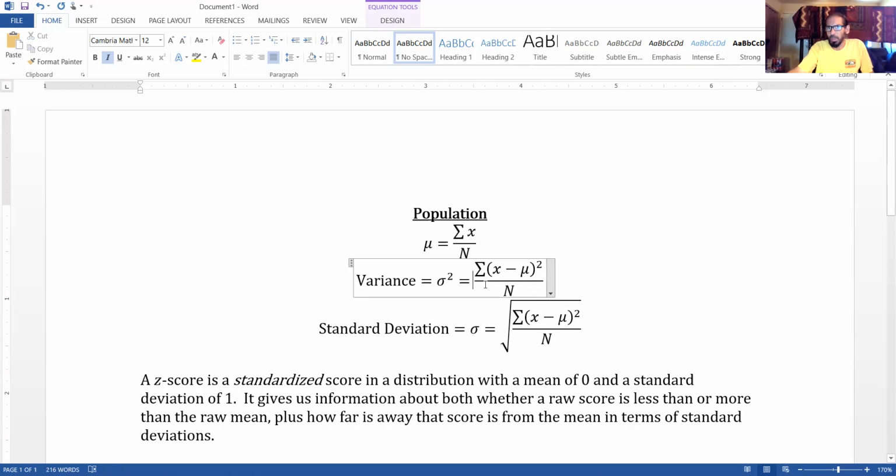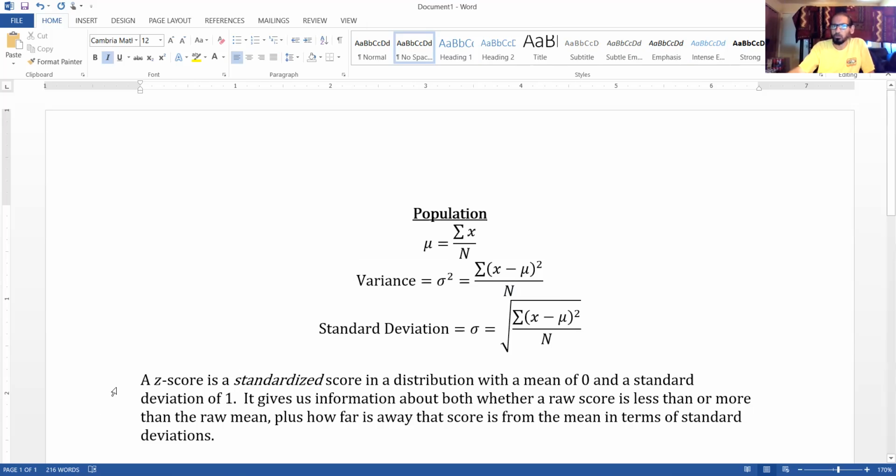Dividing by the unitless n would still give us whatever square beats per minute are, but then taking the square root, our standard deviation, sigma for the population, would be back to being in beats per minute. As a little side note, if you have your information from a sample, you would have x bar instead of mu, and instead of capital N, you would have lowercase n minus 1.